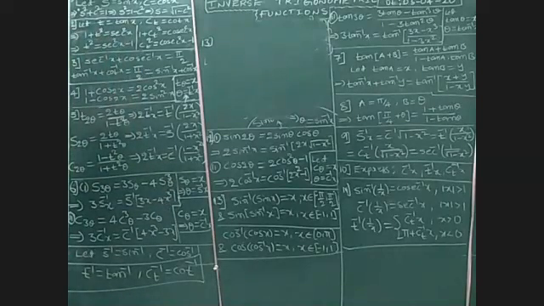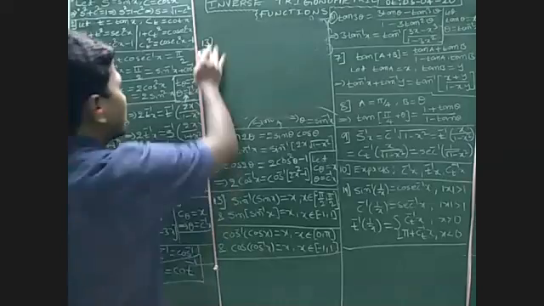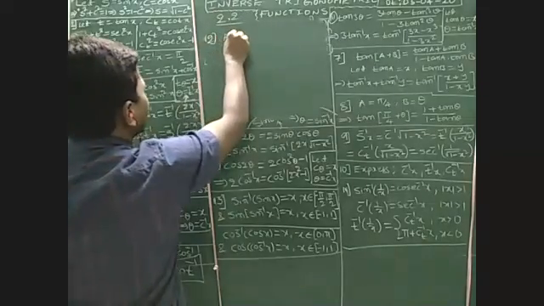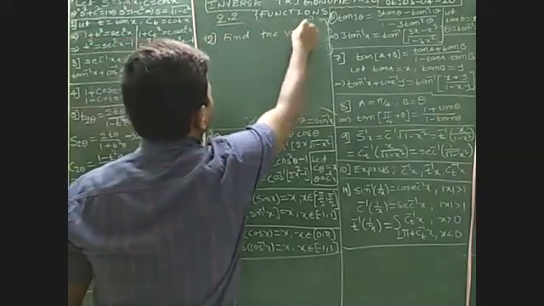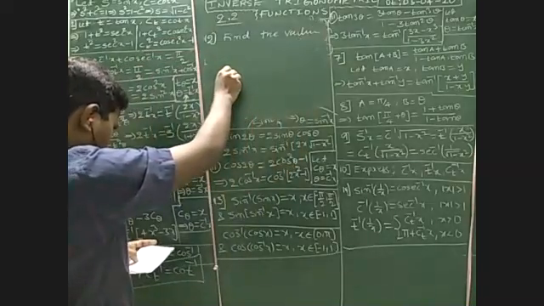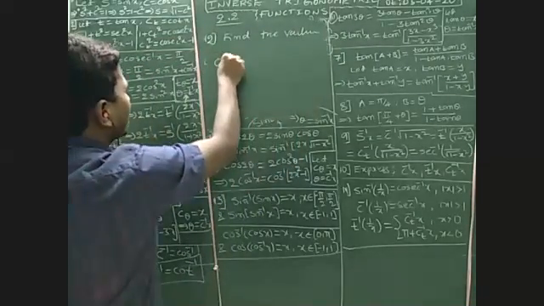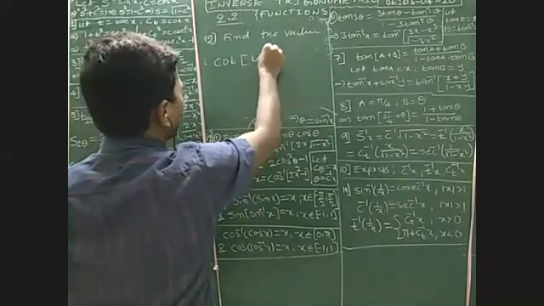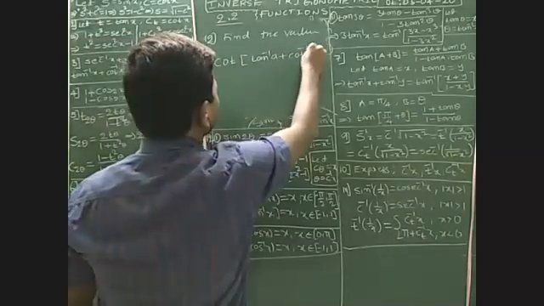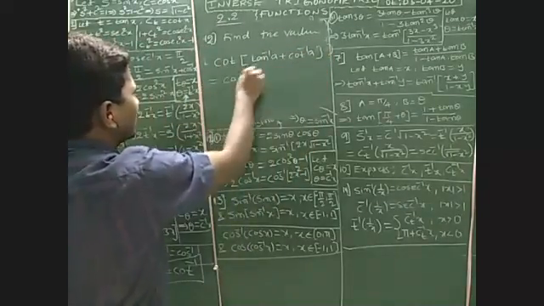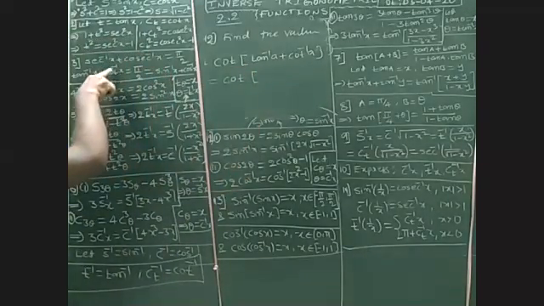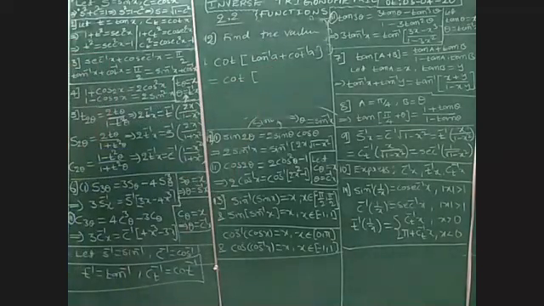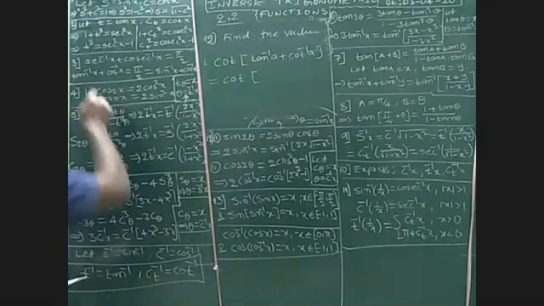Question number 12. What is question number 12 in exercise 2.2? Find the value of cot of tan inverse A plus cot inverse A. Since we know that tan inverse x plus cot inverse x, in place of x, here we are having A. Then what is this formula?